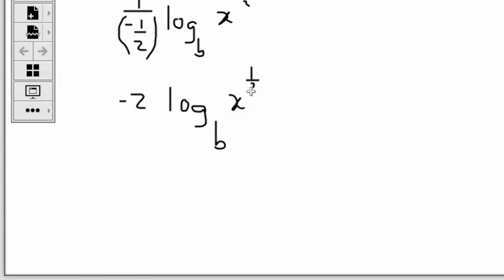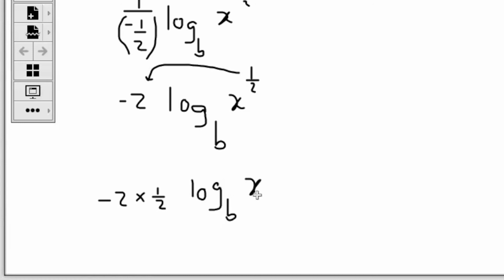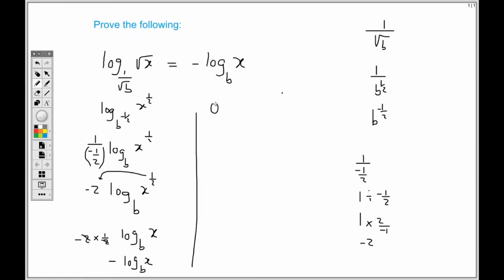So this power a half, I am going to carry in front of the log. So it will be minus 2 times the half that I'm carrying in front of the log. Then I have log base b of x. So these cancel, so I'm left with minus log base b of x. And here I've proven it.